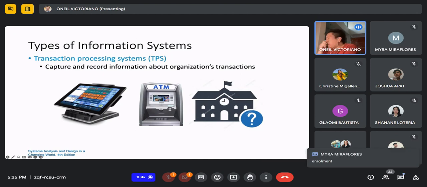So enrollment system is a TPS system that would record different transactions for the organization.